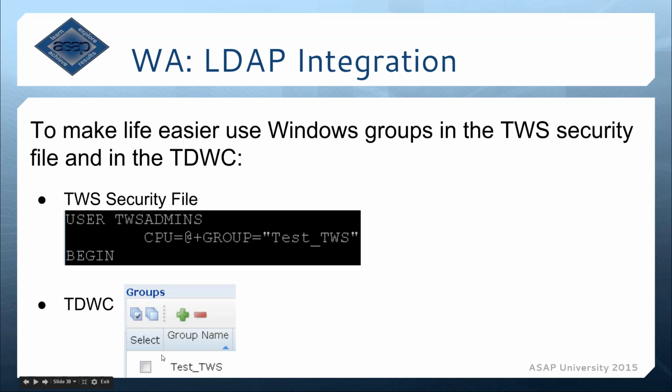Also, in your TDWC, your Active Directory groups should be available there to be selected to be added to your various roles to be configured there. So don't forget, you do need to set them up in your security file and in TDWC, because those two are not the same. They're mutually exclusive.